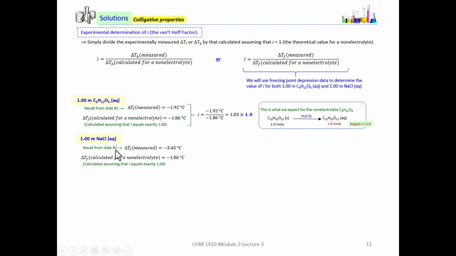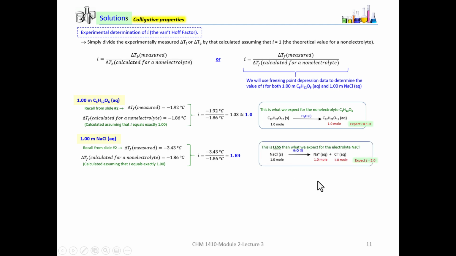So for sodium chloride, I'm going to use the measured freezing point depression on the top, and on the bottom I am again, just like with glucose, going to use the freezing point depression calculated for a non-electrolyte, where we assume i equals 1. So when we do this calculation, we get minus 3.43 degrees C, the experimentally determined number, divided by the expected number for a non-electrolyte, we get 1.84.